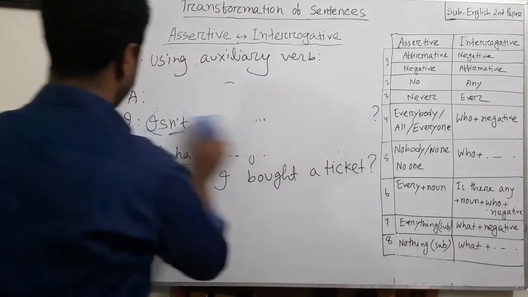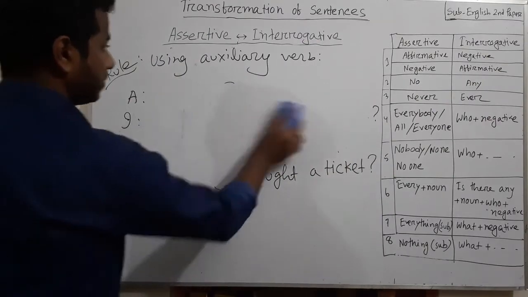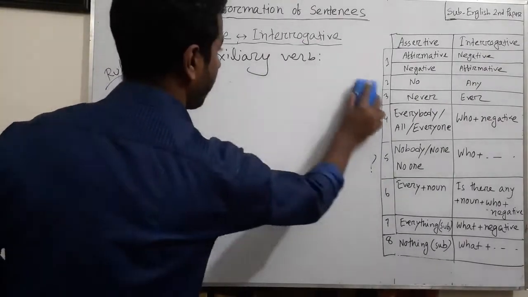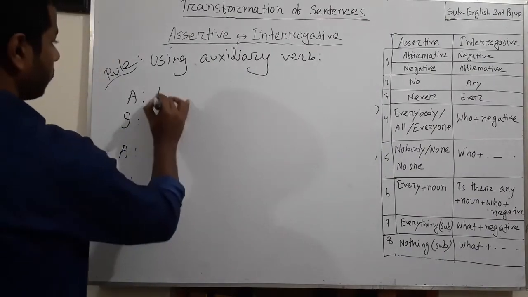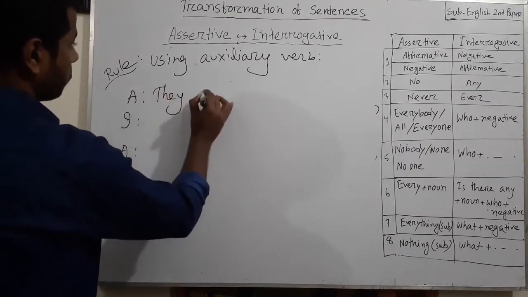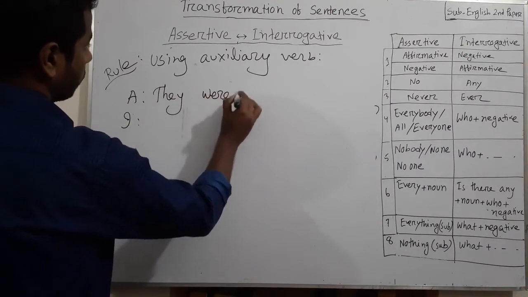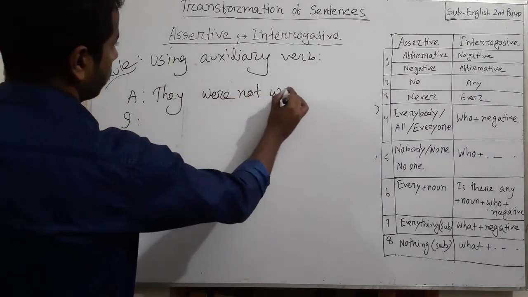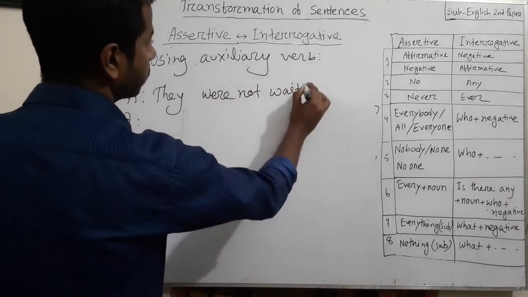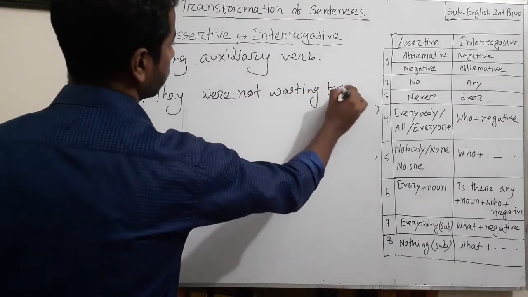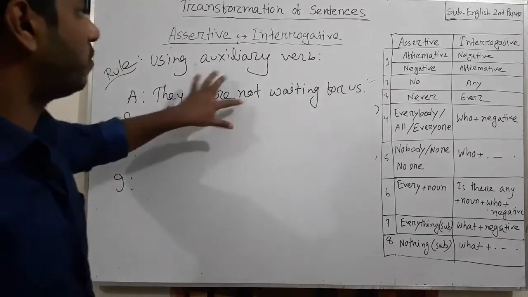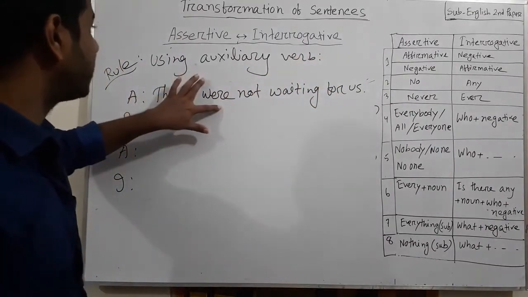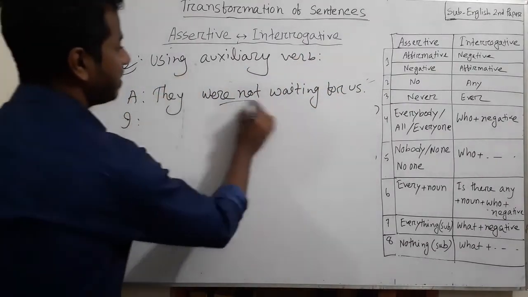Okay, then another example: they were not waiting for us. This is assertive sentence and this sentence is in negative form.